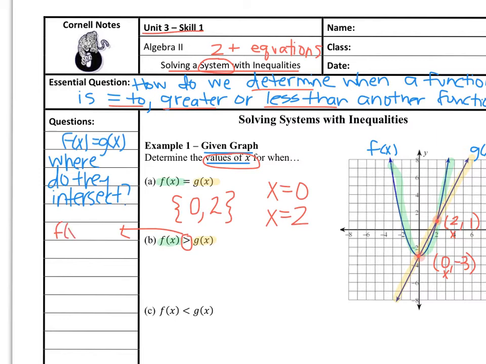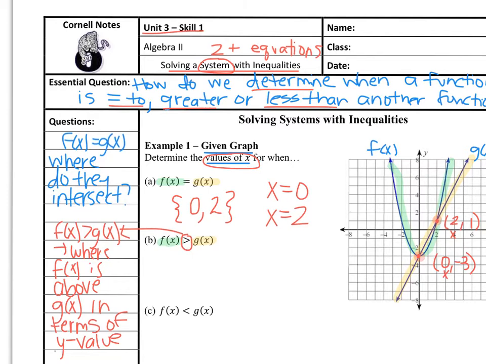So when f of x is greater than g of x, what they're asking for is where f of x is above g of x, in terms of the y values.